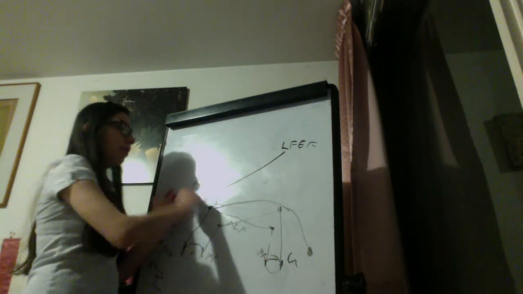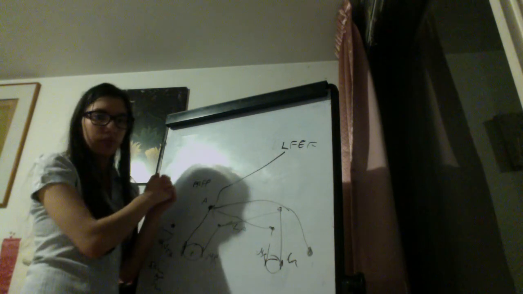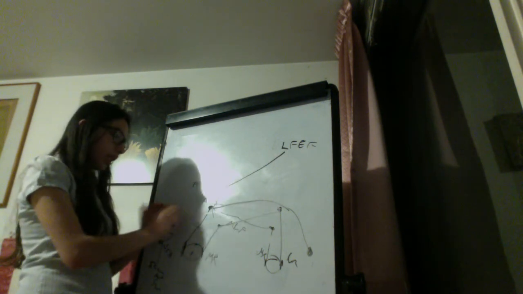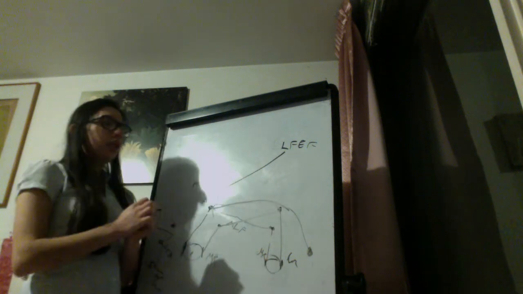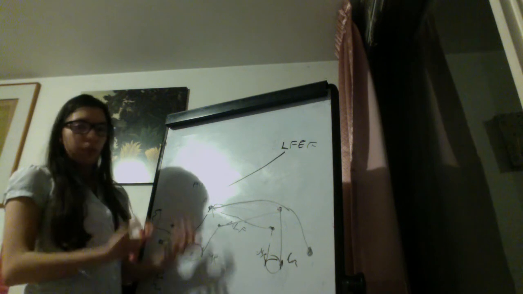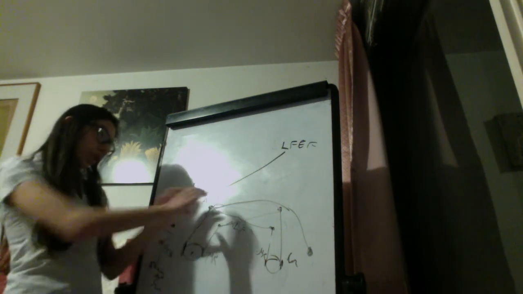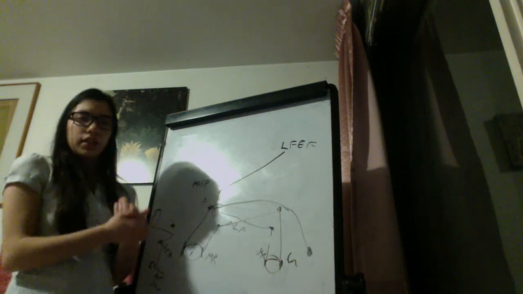No, this part is not involved in the vestibuloocular reflex. The only part that is involved is this part. The goal of this video was to see the difference or comparison between these two pathways and see that this vestibular part is only connected to this part of the conjugate saccadic gaze.